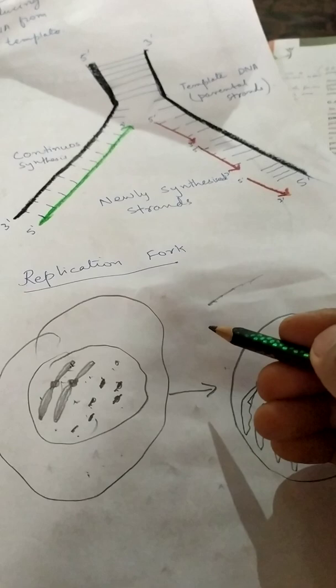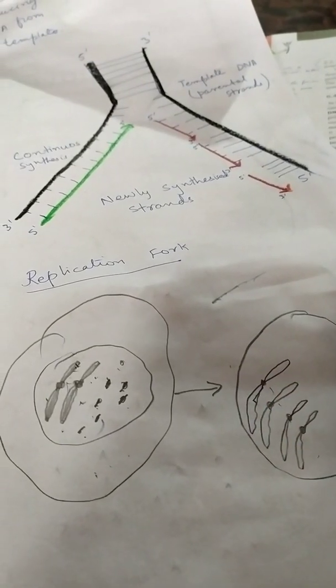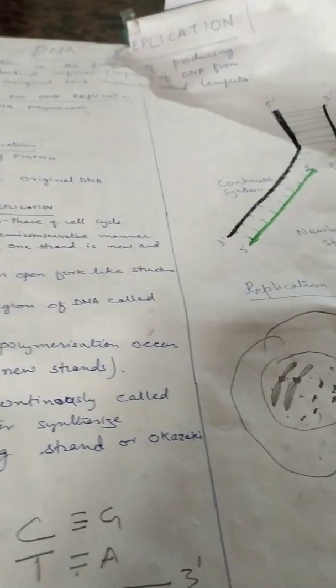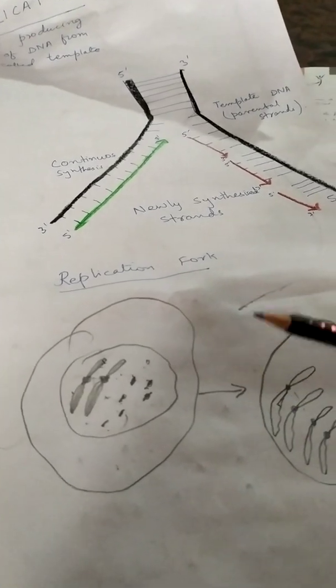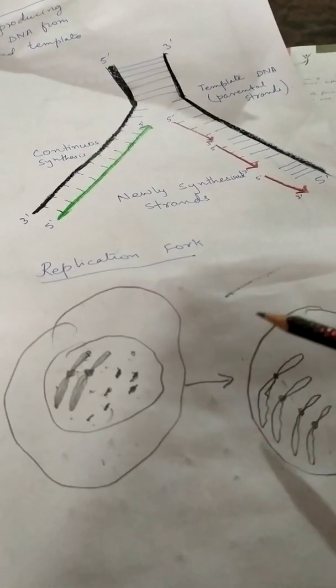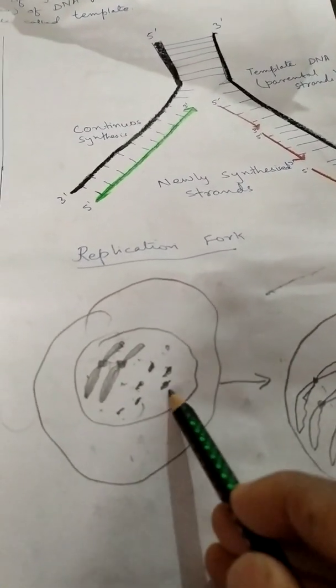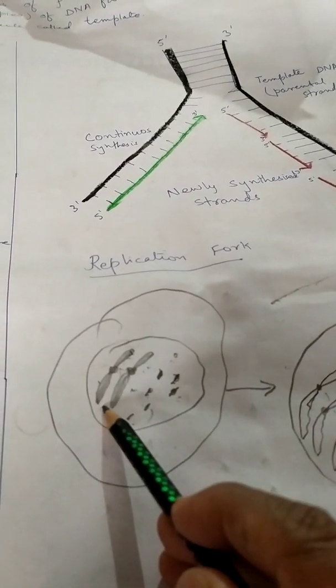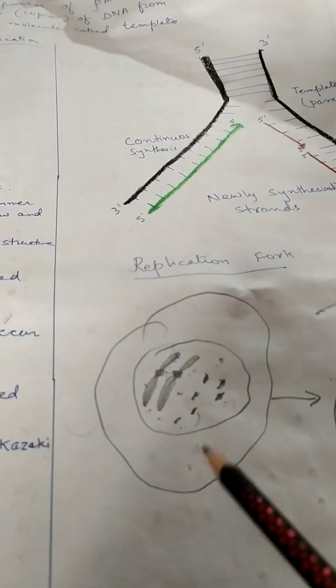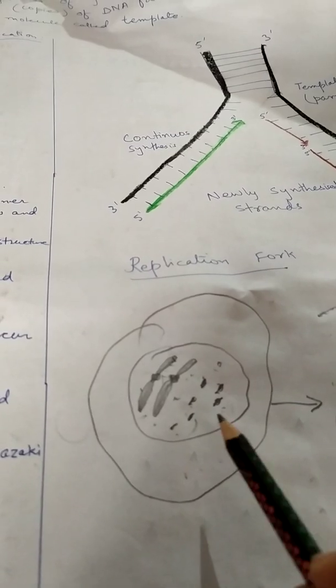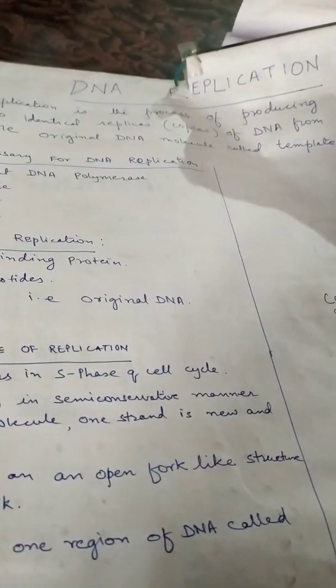In this way, a long stretch of DNA will form. To bring these deoxyribonucleotides from the cell to the chromosome, there is another enzyme which is a very vital enzyme for replication.